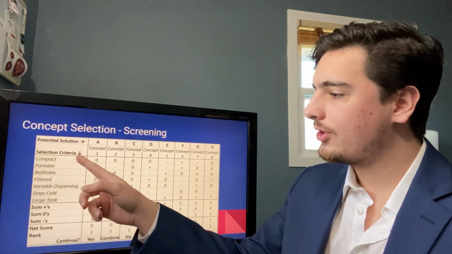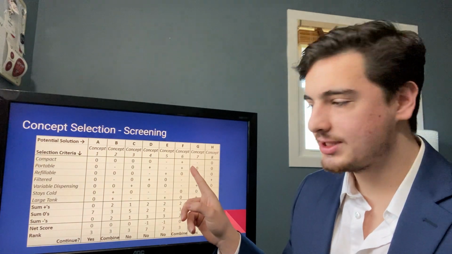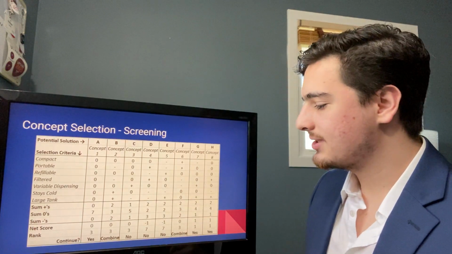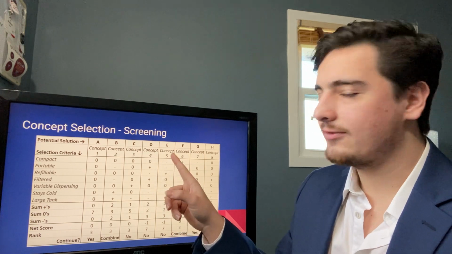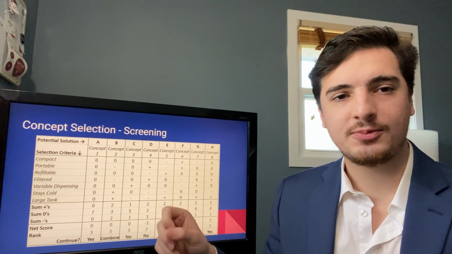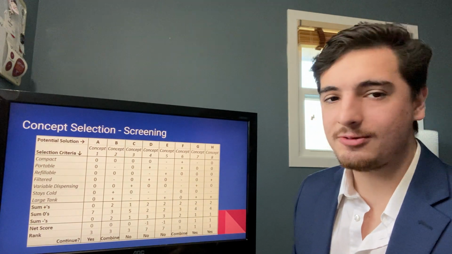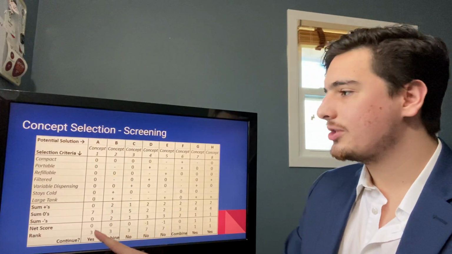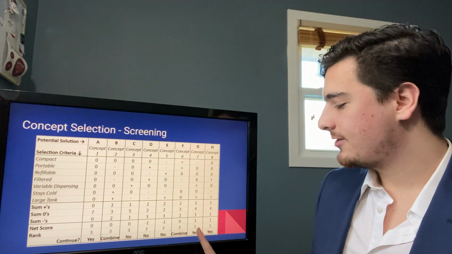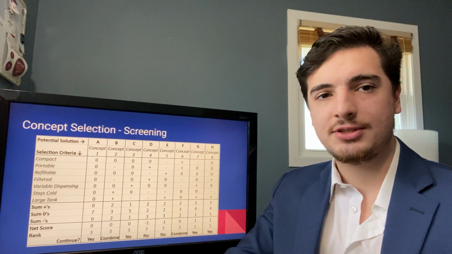And after going through each one of these criteria for all 8 of our concepts, our team decided that concept 3, 4, and 5 were not good enough to proceed, but concepts 2 and 6, since they were so similar, we could just combine the two, and then concept 1, 7, and 8 might actually be good for us to go with.